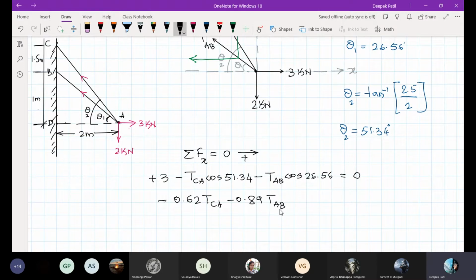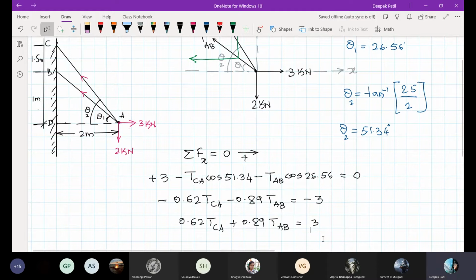This 3, I will take on the right hand side, so it becomes minus 3. Then I will multiply the whole equation by minus. So it will be 0.62 TCA plus 0.89 TAB equal to 3.